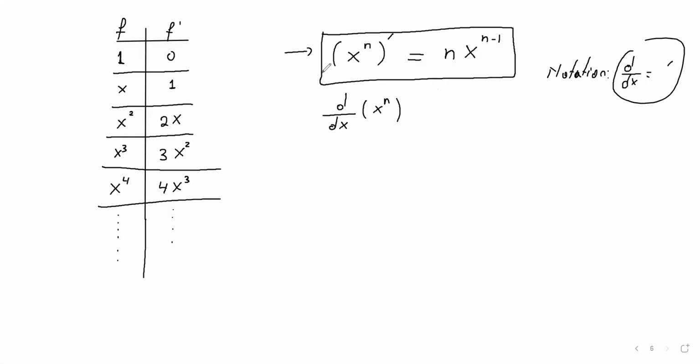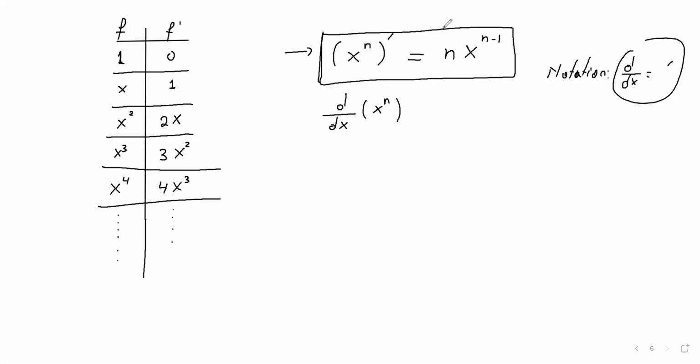The grand formula that I want to discuss today is this one over here. The derivative of x to the n, and that's n x to the n minus 1. This is called the power rule for derivatives. And finally, we're going to discuss, that's very simple.